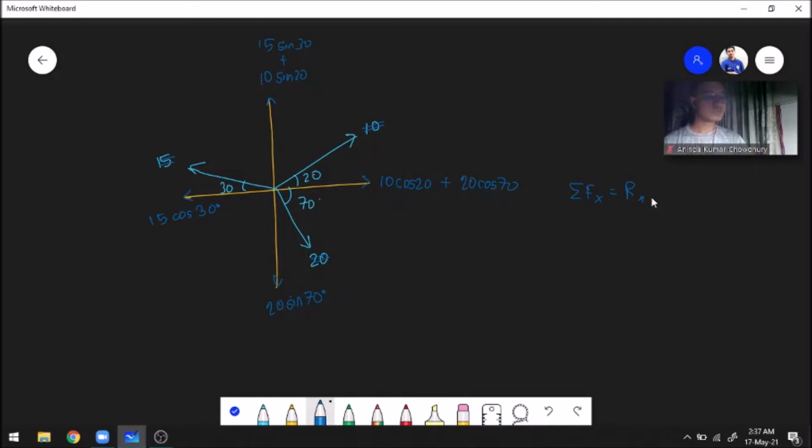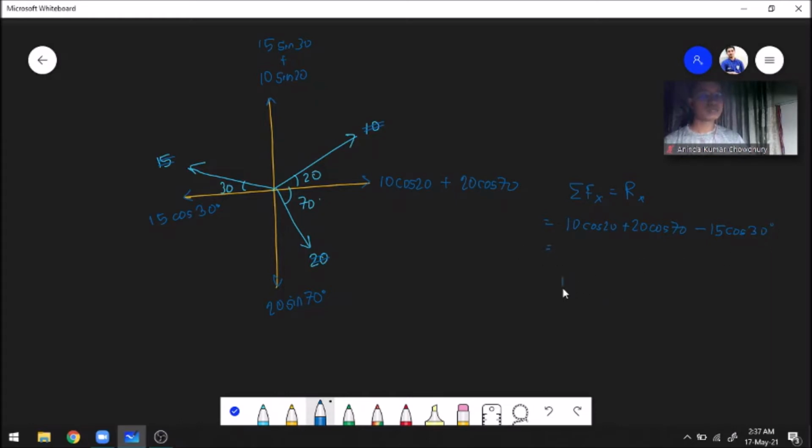This is the sum of the forces in the x direction, which is equal to 10 cos 20 plus 20 cos 70. This was in the positive x direction, right? And this is in the negative x direction, so this will be minus 15 cos 30, right?